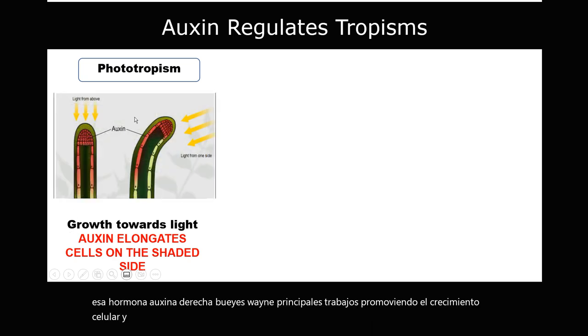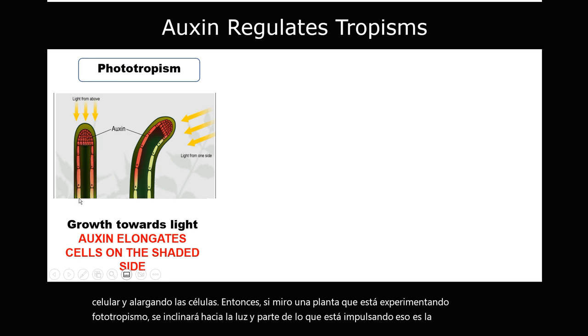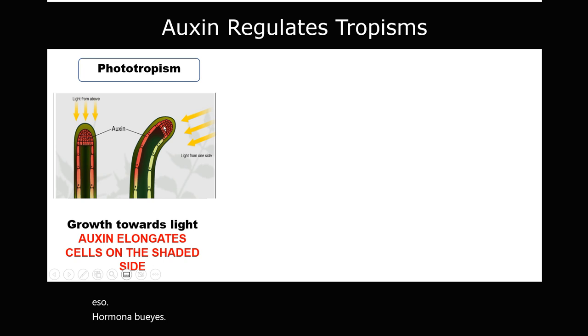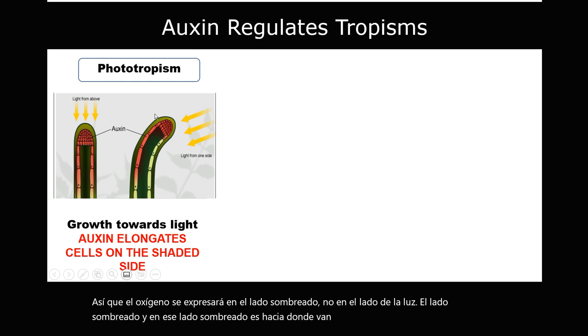So if I look at a plant that is undergoing phototropism, it is going to bend toward the light. And part of what is driving that is the expression of that hormone auxin. So auxin is going to be expressed on the shaded side, not the light side, the shaded side. And on that shaded side is where the cells are going to elongate, and they're going to replicate to allow longer curvature on this side to allow it to bend.